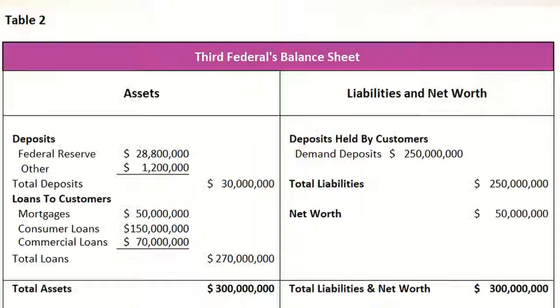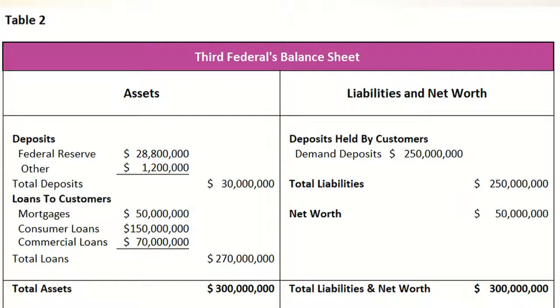Now, another difference between John's balance sheet and Third Federal's balance sheet is that John's car loan is an asset for Third Federal. Why? Remember, assets generate wealth, and loans generate a bank's wealth. Table 2 is Third Federal's balance sheet.